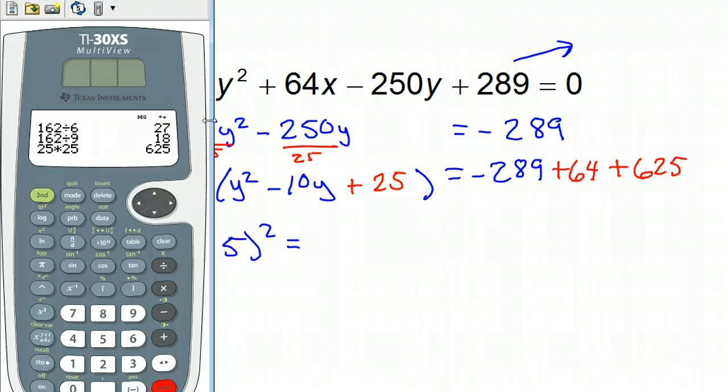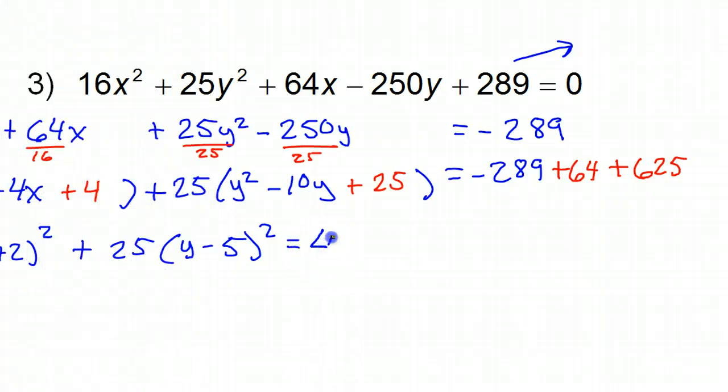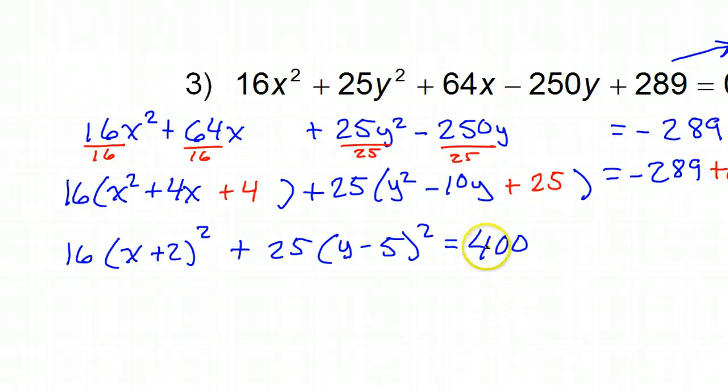So I've got negative 289 plus 64 plus 625. That's 400. Check it out. So this is 400. I know for an ellipse I need a 1 over here, so I'm going to need to divide everything by 400.